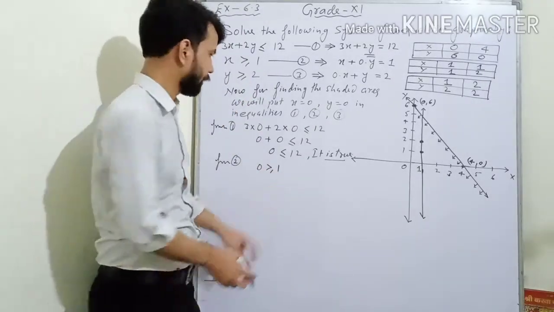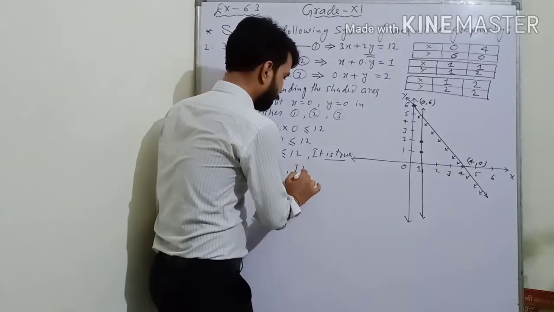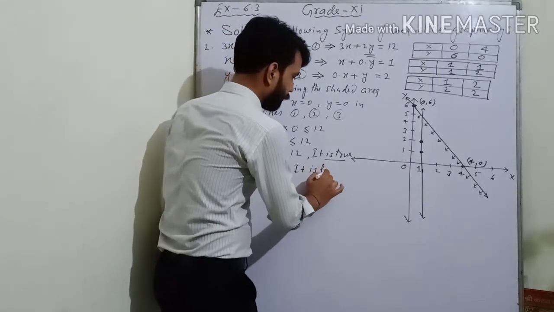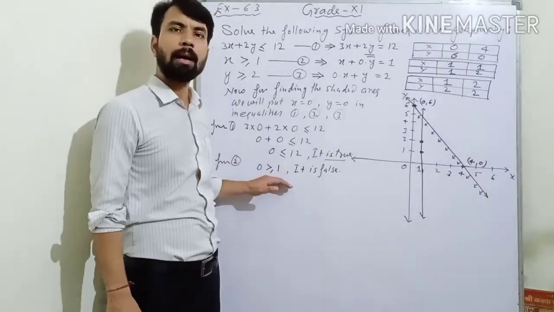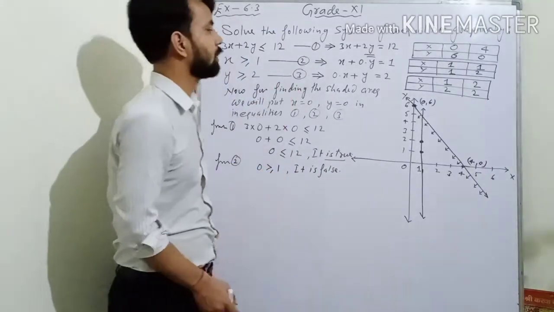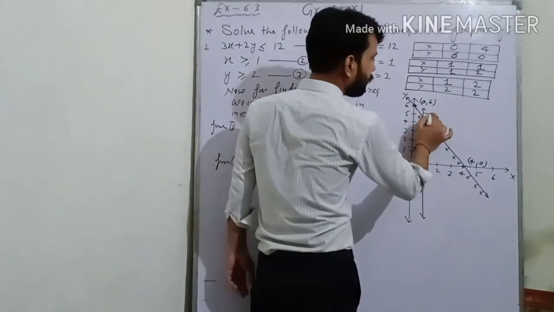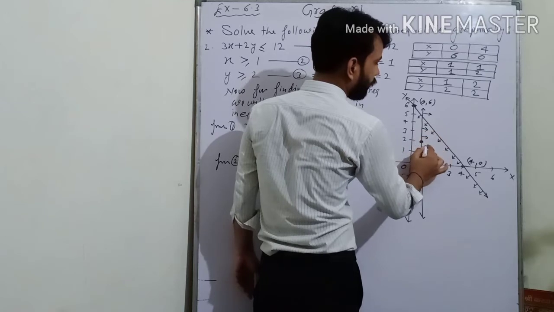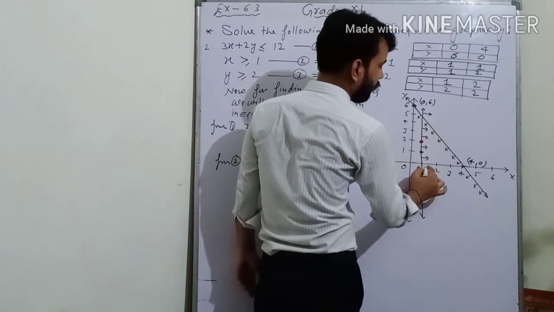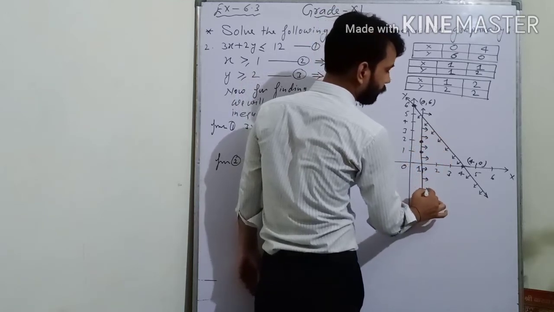Am I right? Good. So you have to write here that it is false. If it is false, then we will shade the region away from the origin, that means this side. So we will put the arrows away from the origin.